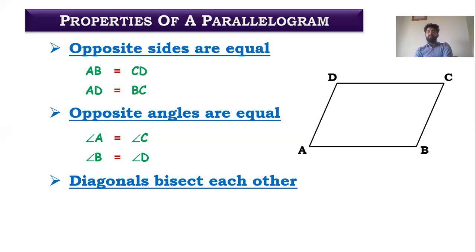Yes, Namasvi. The diagonal is a line that starts from the opposite side, and there are two diagonals possible in a quadrilateral.